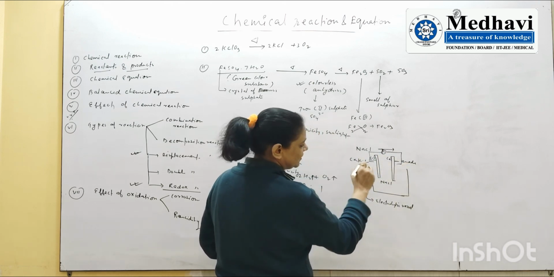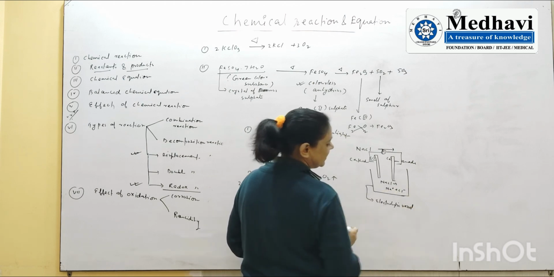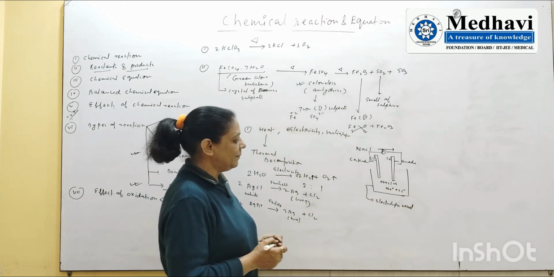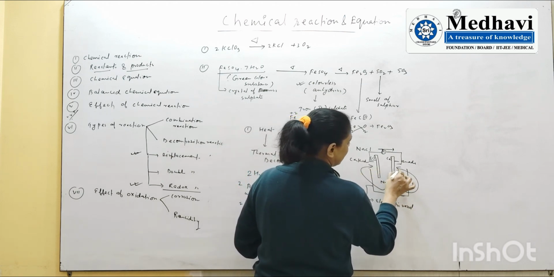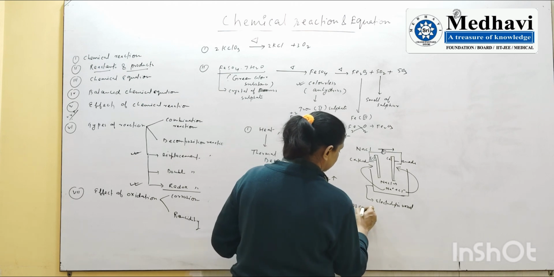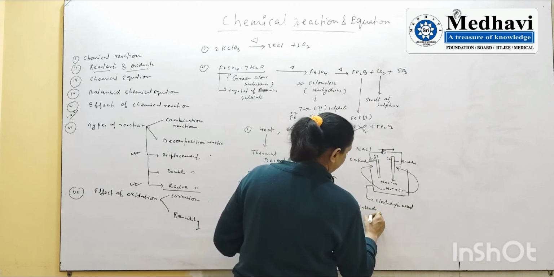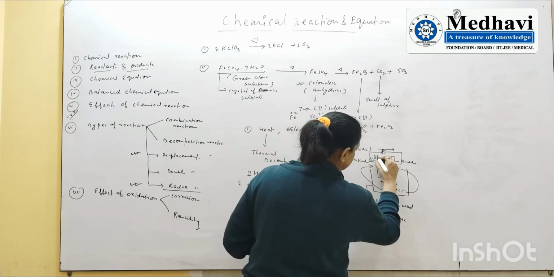So when electricity is passed, this NaCl breaks to give Na plus ion and Cl minus ion. The Na plus ion will discharge at the cathode and the Cl minus ion will discharge at the anode. Actually at the cathode, Na plus takes one electron and turns to Na and discharges here.